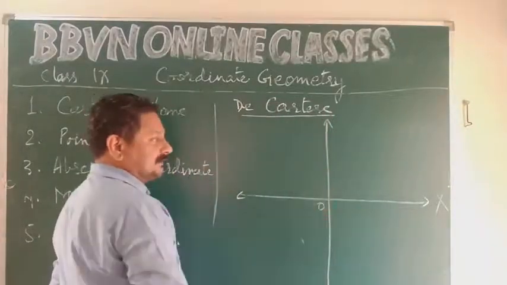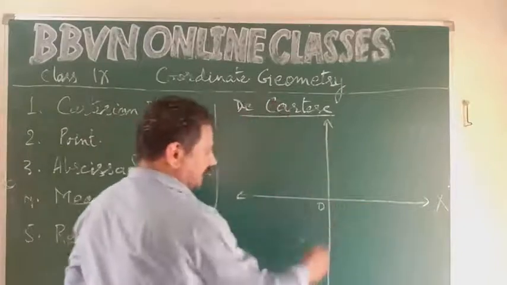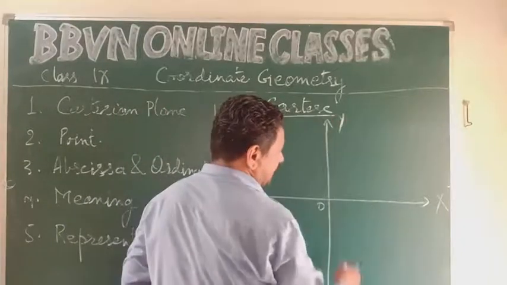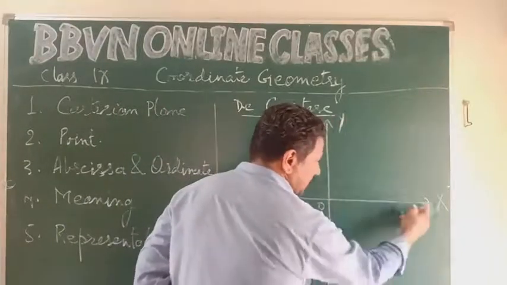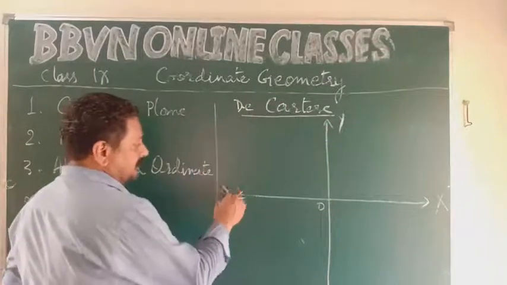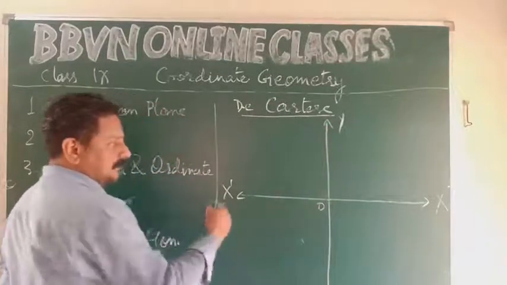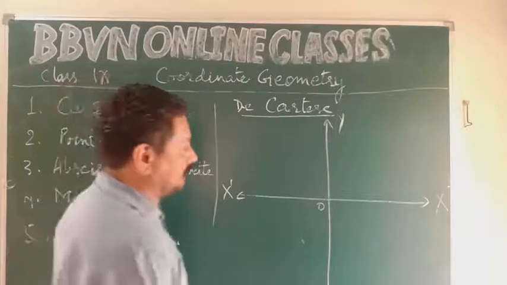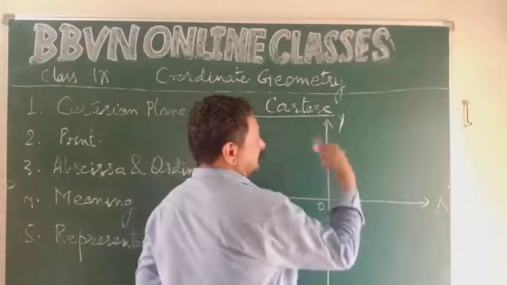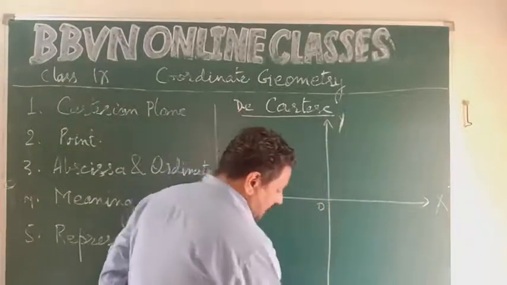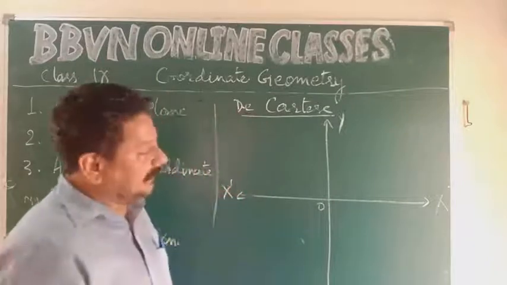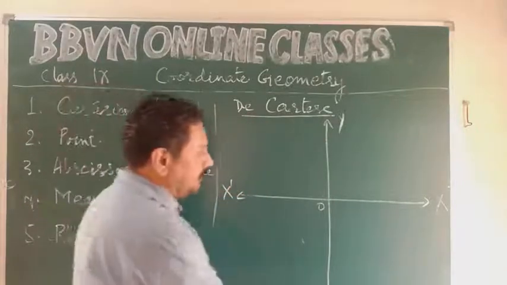The horizontal axis is known as the x-axis, the vertical axis is known as the y-axis. Ray OX represents the positive x-axis and ray OX dash represents the negative x-axis. Ray OY represents the positive y-axis and OY dash represents the negative y-axis. Now you can have points.